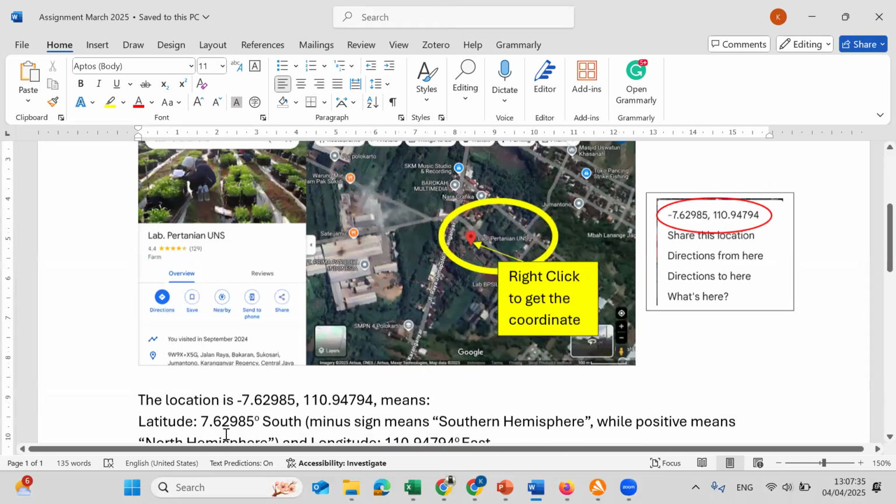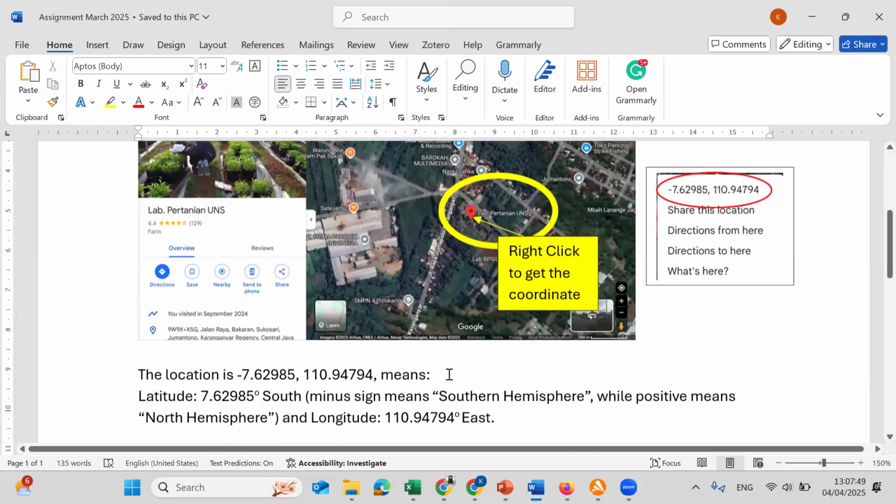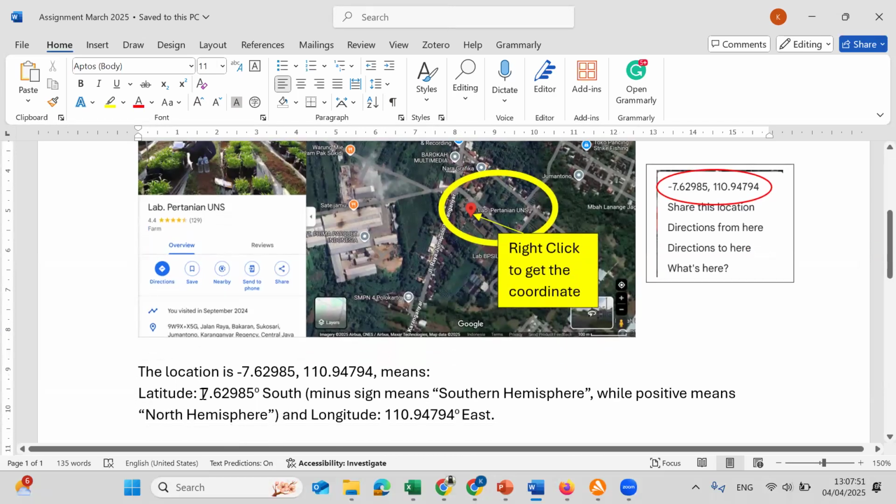The coordinate is minus 7.62985 and then 110.94794. It means that this location is located at latitude 7.62985 south.